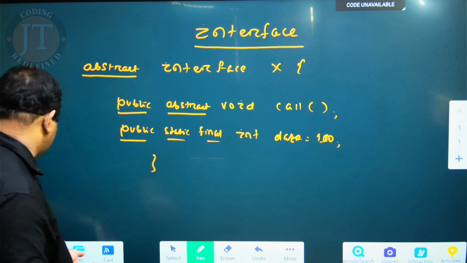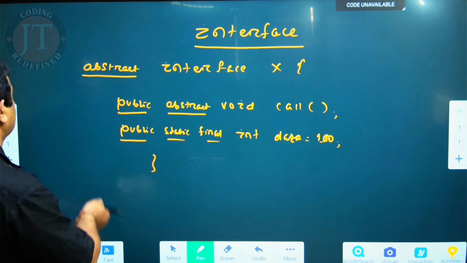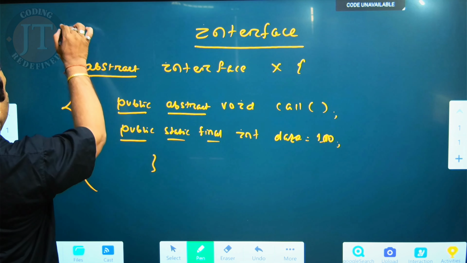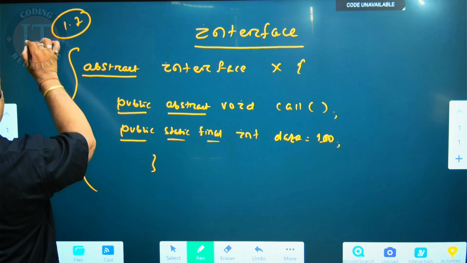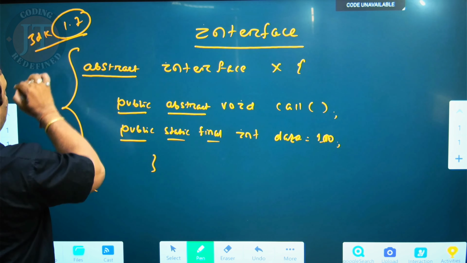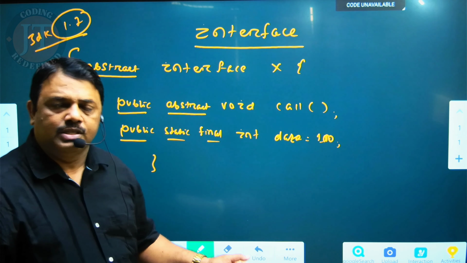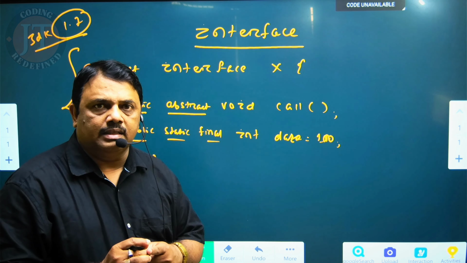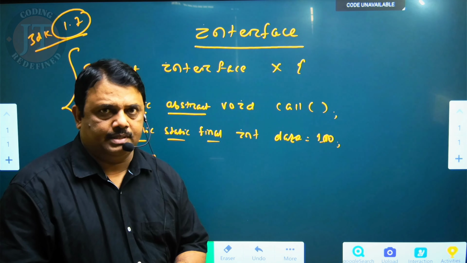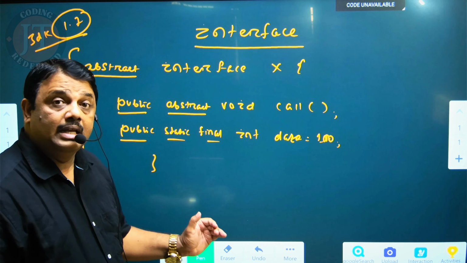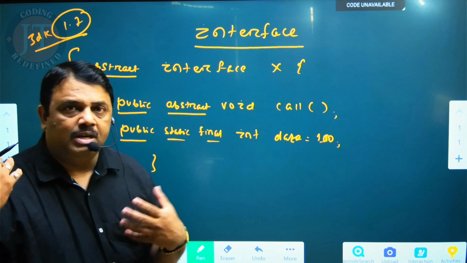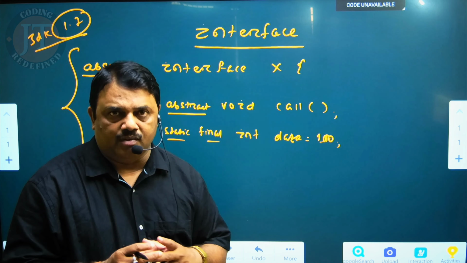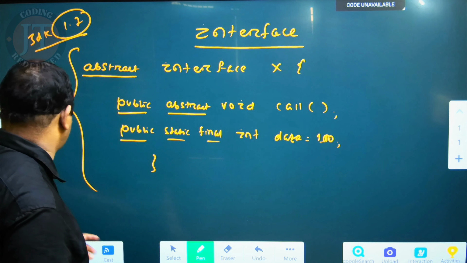Up to JDK 1.7, the old concept was used, but nowadays some new characteristics are added within an interface.